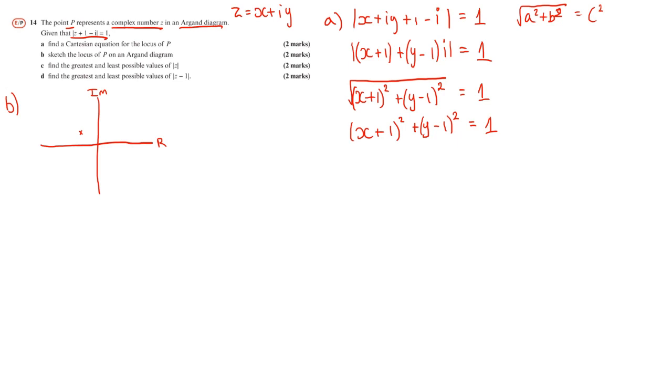And then it's got a radius of 1, so it's going to hit this point here, and it's going to hit this point here. So let's see how well I draw this. Not very well, something like that. A bit big up here, but the point is it's a circle with a radius of 1. And this point is minus 1, 1. Okay.